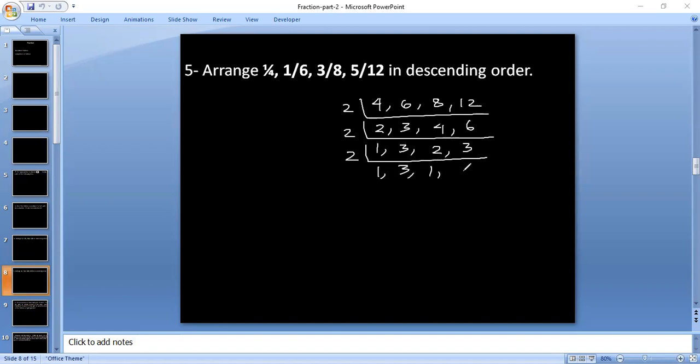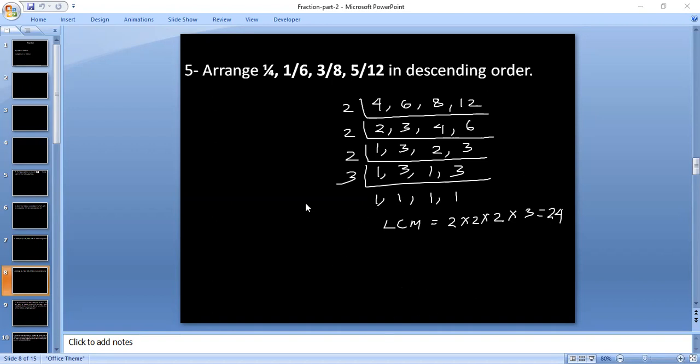So 2 1s are 2, 3, then 3 1s are 3, 1 1. So the LCM of these denominators will be 2 into 2 into 2 into 3. 2 2 2, that means 8 into 3, 24. So the LCM of these denominators is now 24.